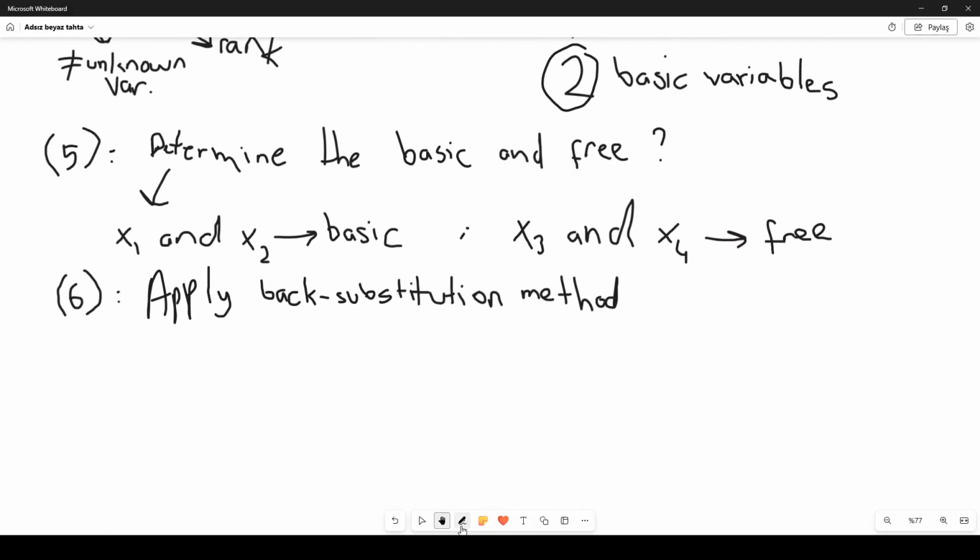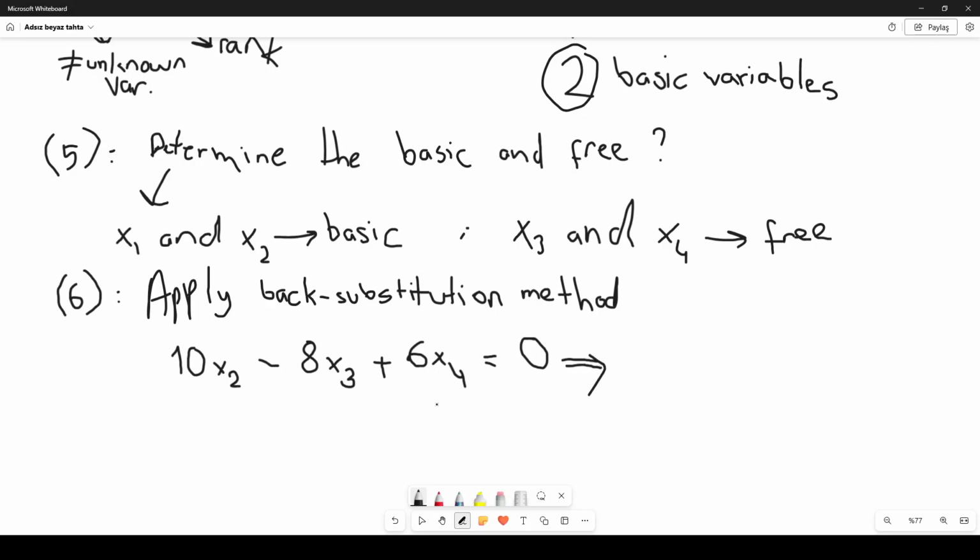That is, 10x2 minus 8x3 and 6x4 is equal to 0, right?